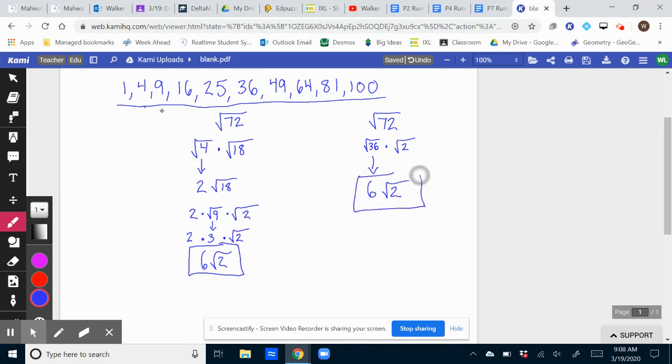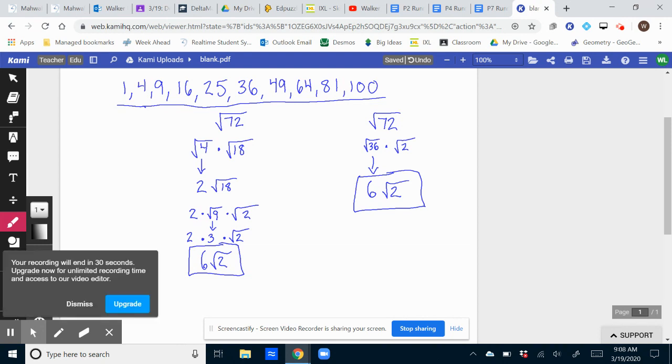And so you end up getting the same answer, 6 radical 2, whether you pull out a 4 in the beginning or whether you pull out a 36. Okay, so you're simplifying radicals by choosing perfect squares that multiply into that number. Okay, and then once you have a perfect square, like a radical 4, radical 36, they turn into a whole number, and so you're able to simplify that radical.